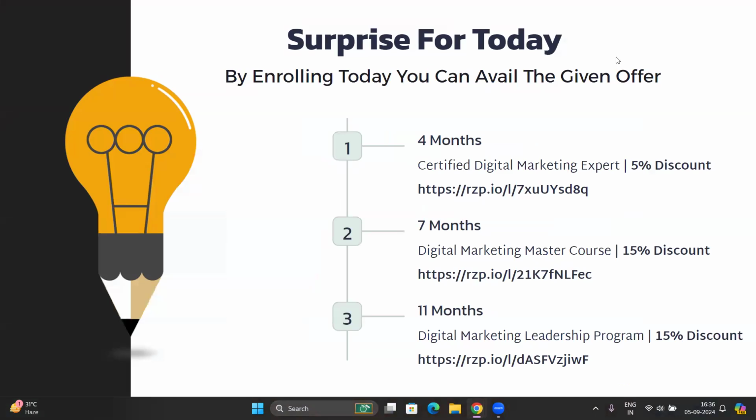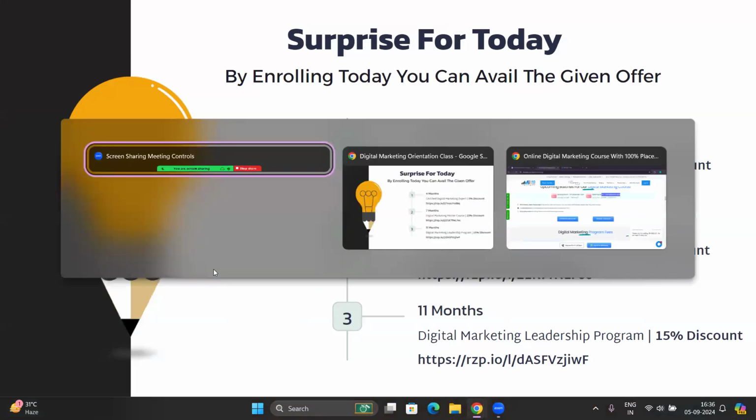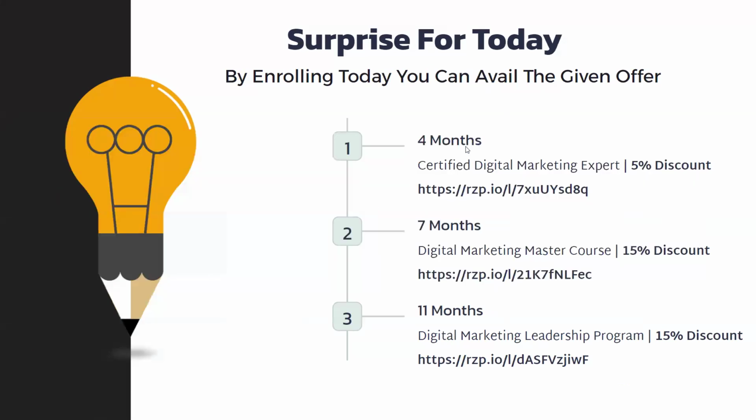It is actually the program duration. If you're joining the expert program, it is 4 months, then 2 months of paid internship. If you're joining the master program, it is 7 months plus 2 months of paid internship. And if you're joining the 11-month leadership program, the course will be 11 months, and then 2 months of paid internship.